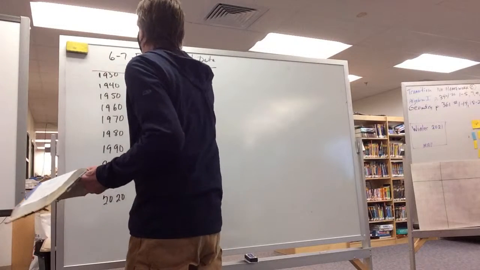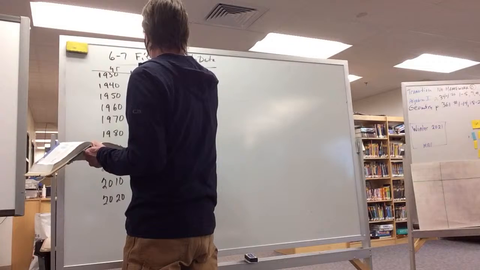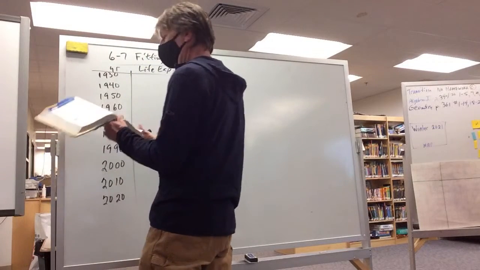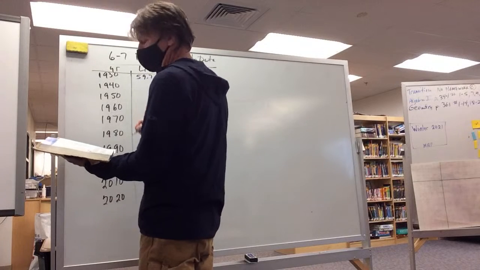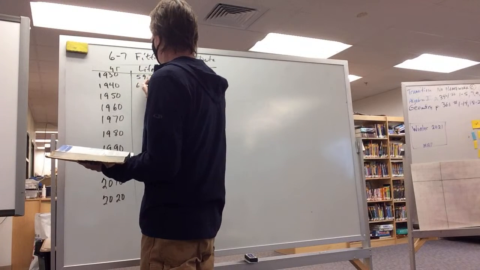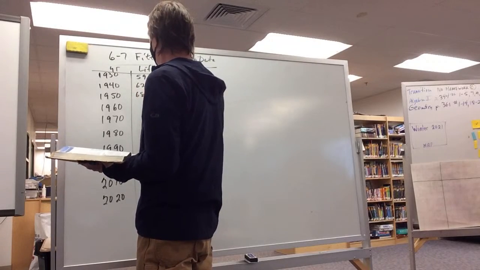So, here's the year. Here's the life expectancy in years. In 1930, it was 59.7 years of age. Then it went to 62. You guys should be writing this down. 68.2.